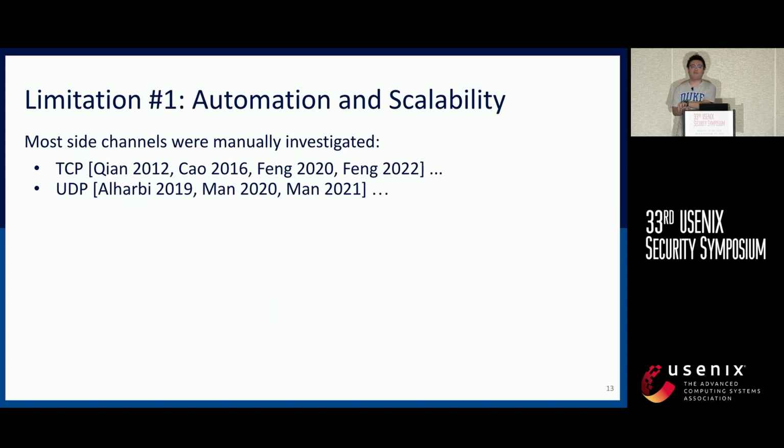There has been a lot of work on studying transport layer security as side channels. One major limitation of the prior work is that they discovered side channels mostly by manual investigation. Given how large modern software is and how fast it can iterate, we think it's natural to develop an automated tool to detect such side channels.